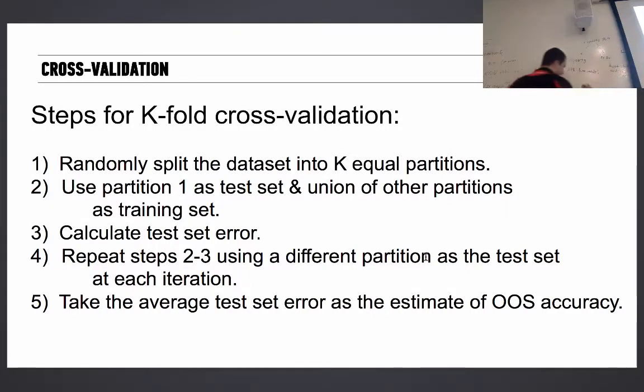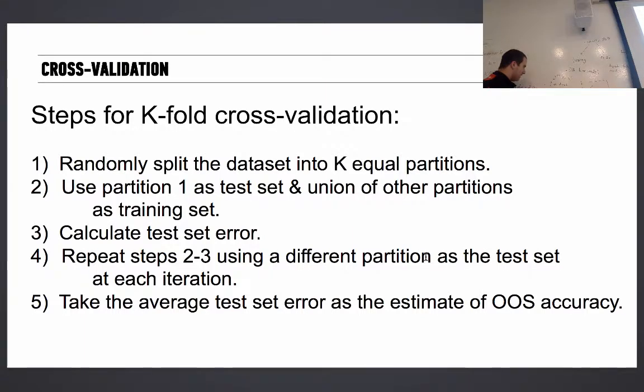So, if here is my data set, and I split it up into 3 partitions, and I'll label them 1, 2, and 3, on the first trial, number 1 will be the test. 2 plus 3 is what I'll train it on.